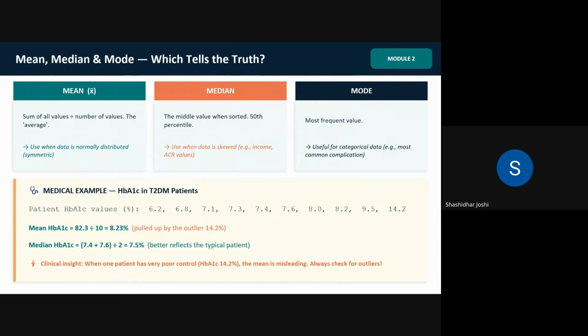The sum of all values, that means the sum of 6.2, 6.8, 7.1, and so on until 14.2, divided by the number of patients or the number of values. The number of values is 10 here if you count this series. And then the average is 8.23. So the mean HbA1c is 8.23 in this series.